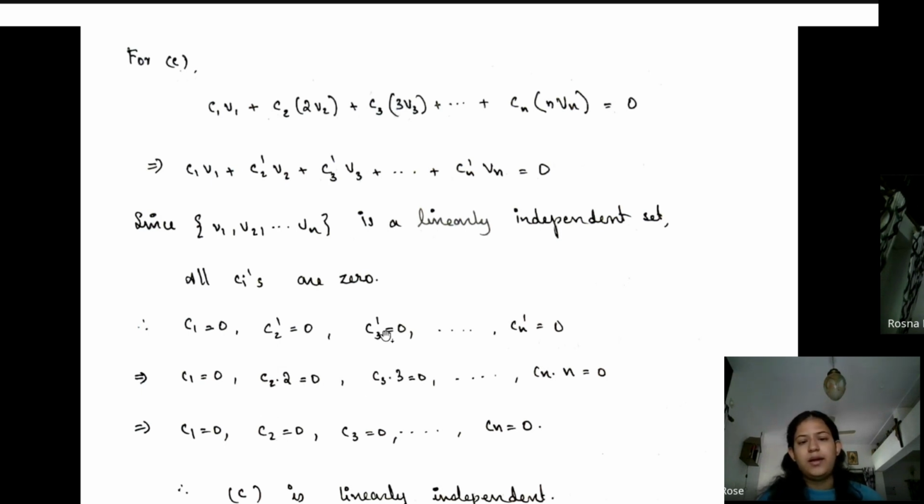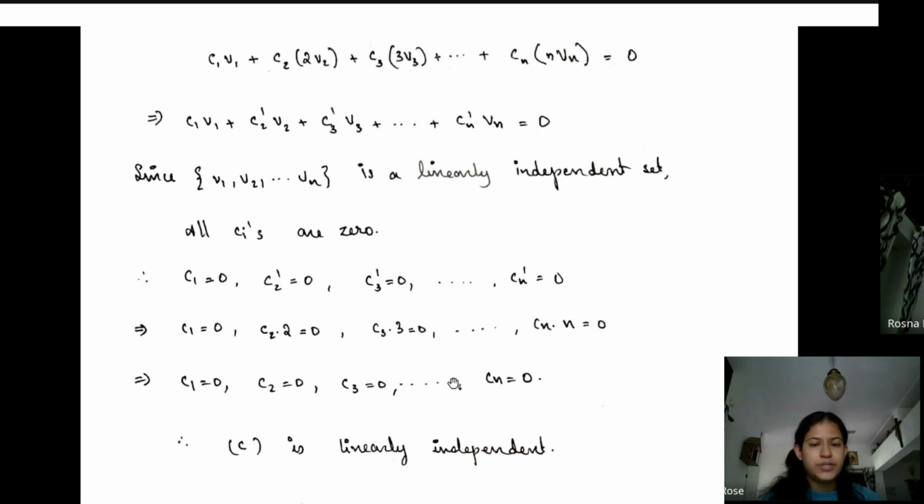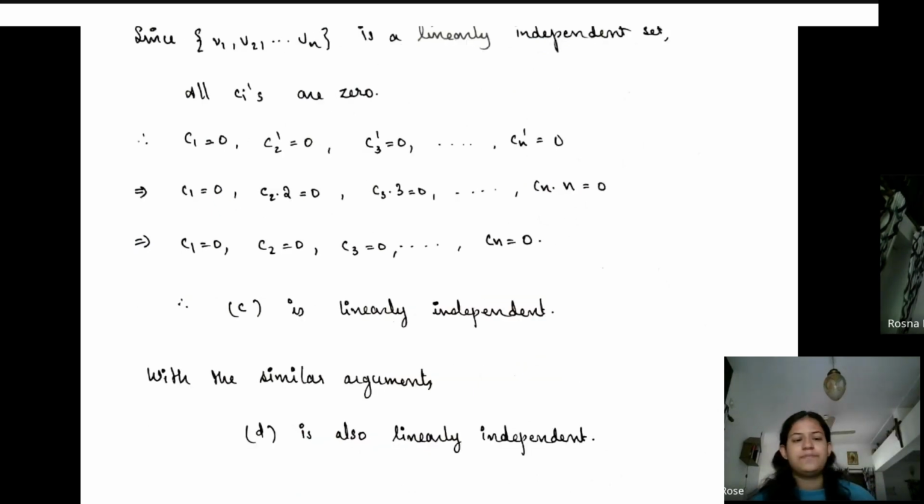In this way, when all these coefficients are 0, the other coefficients like c2, c3 are all 0, which means that this collection of vectors, v1, 2v2, 3v3, up to nvn, are all linearly independent. So option C is correct, and most of you said it is correct, yes.